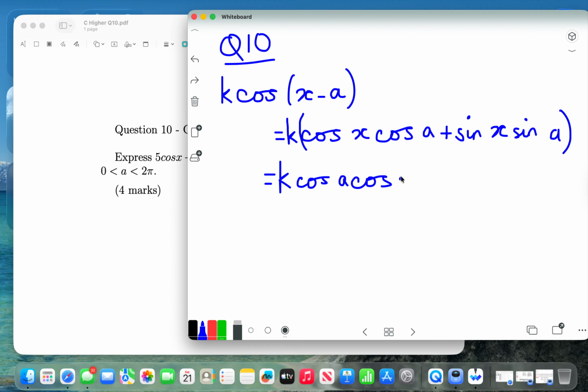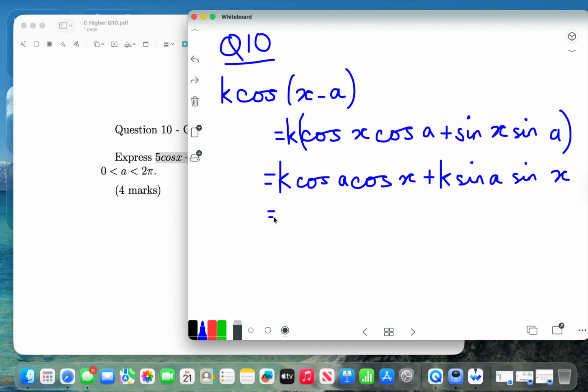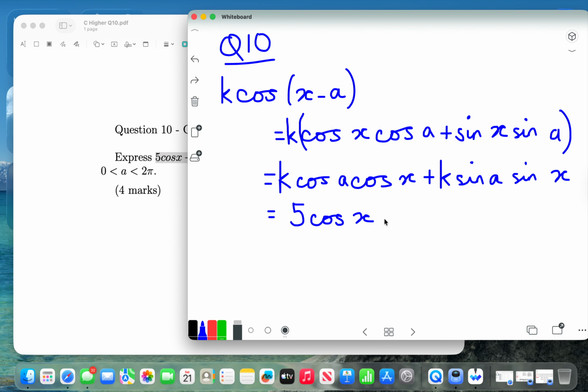I will show you why I've done that in a second. And we have to compare this with 5 cosine x minus 2 sine x.